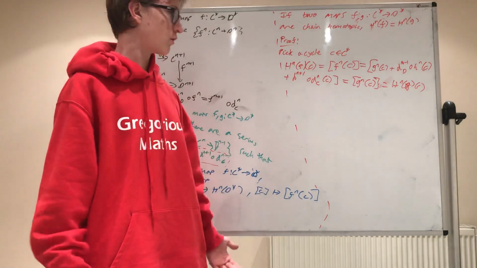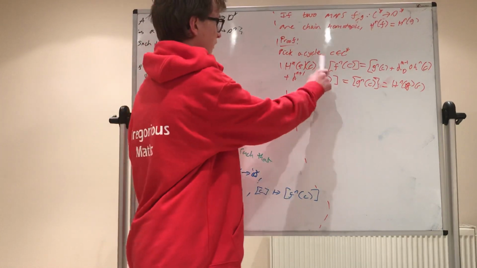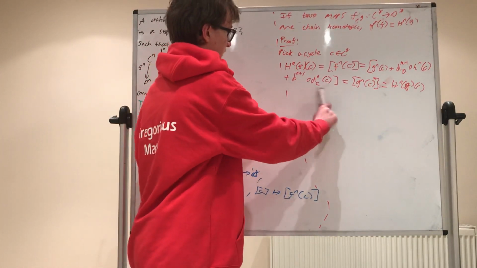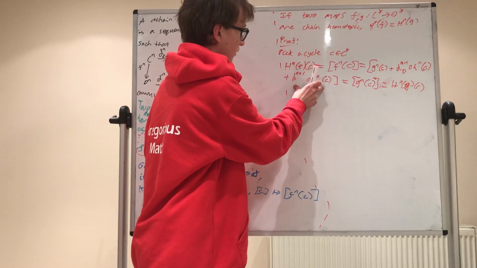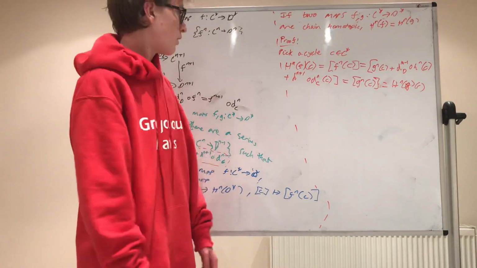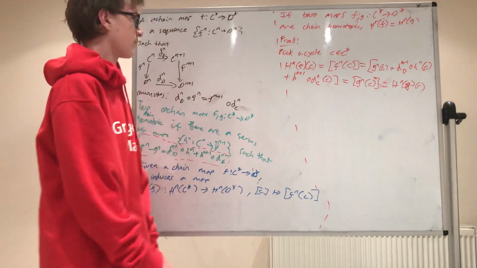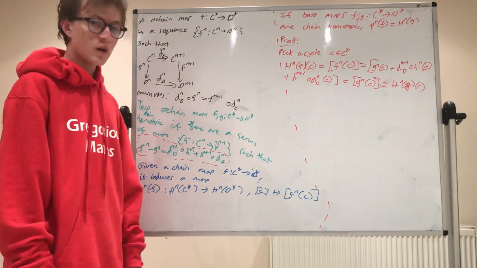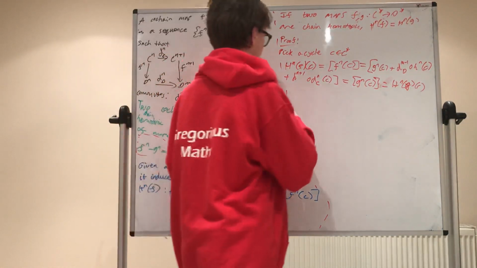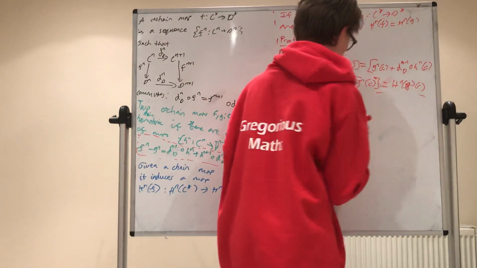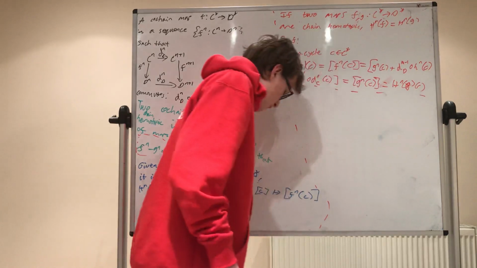And this right here, because C is a cycle, by definition is equal to 0. And so the only thing that remains is going to be this. Now, obviously an important thing to note is that chain homotopy is an equivalence relation.